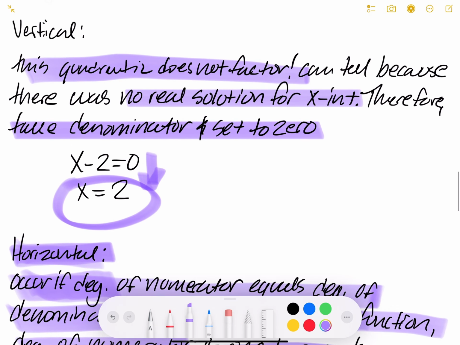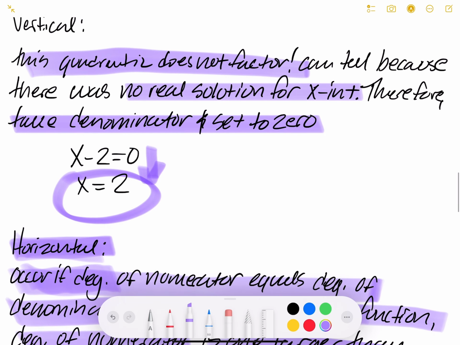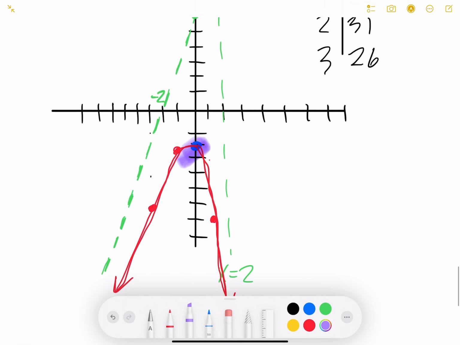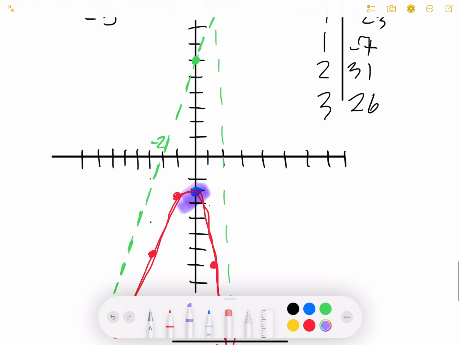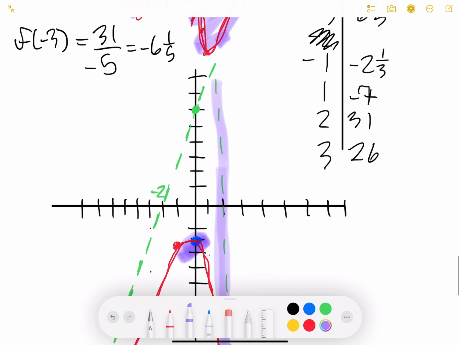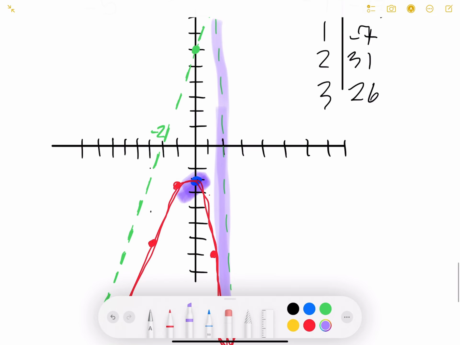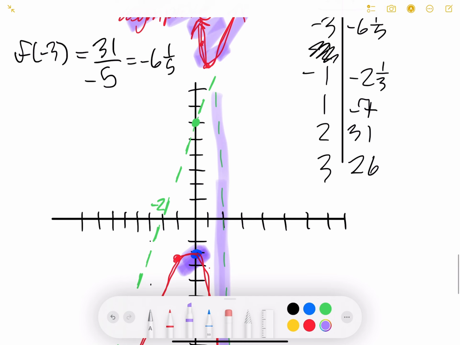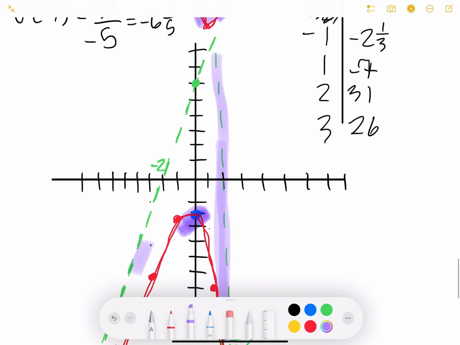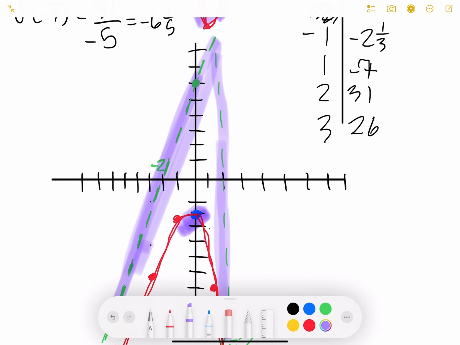Let me slow down. I ended up putting where the denominator, when I set it equal to 0, this is where I graphed it, and this is my oblique asymptote right here.